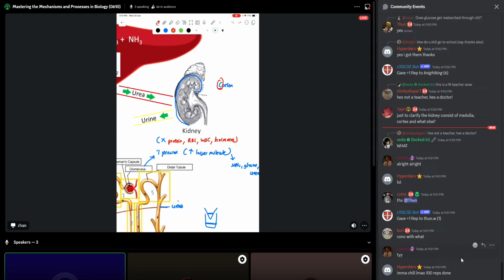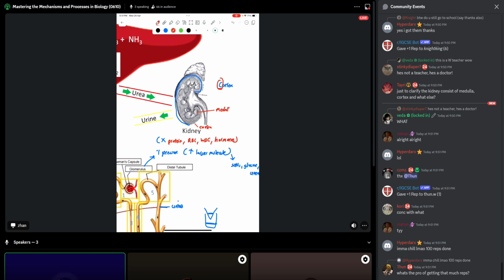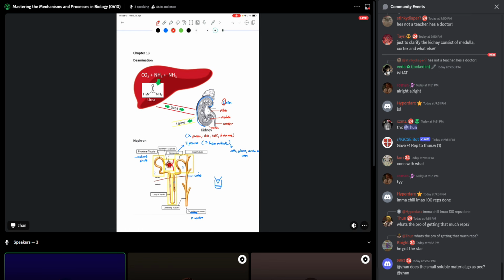The cortex is here. This is the medulla. This is the pelvis. And this is the ureter. Do you understand?